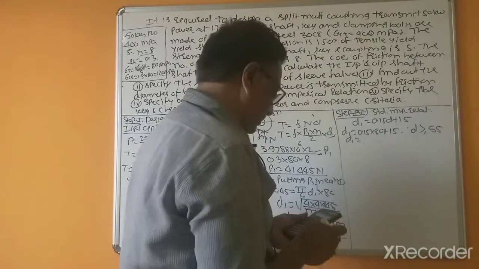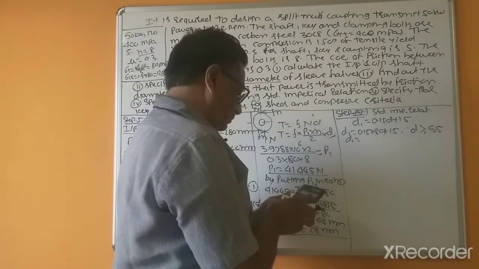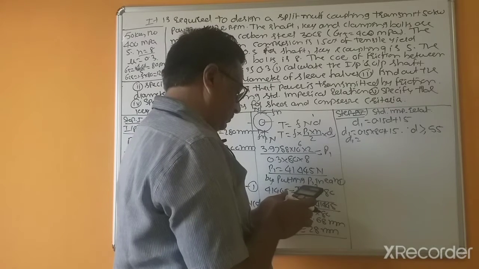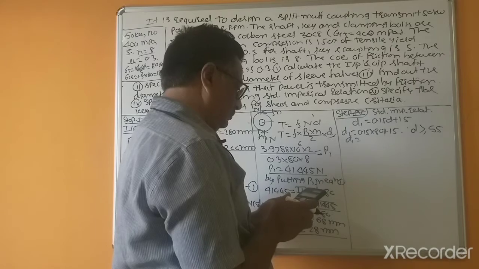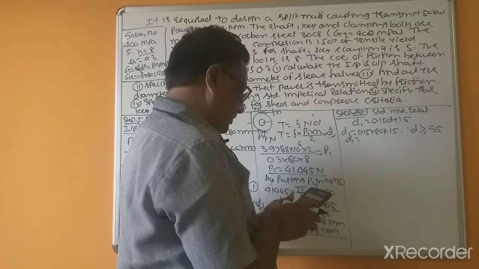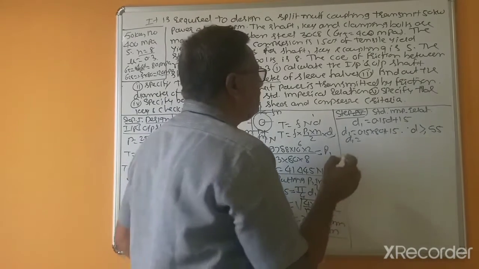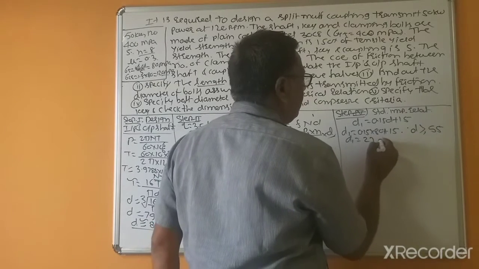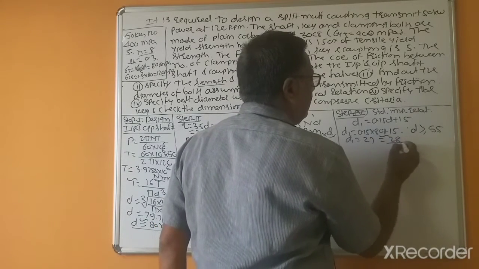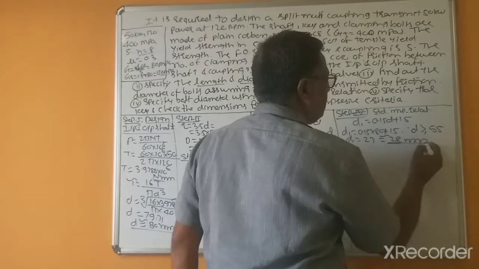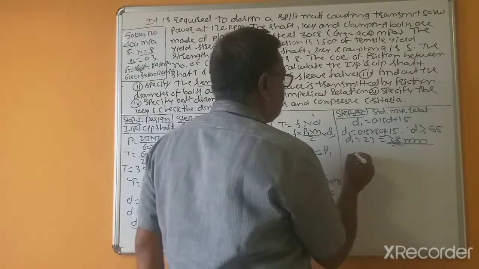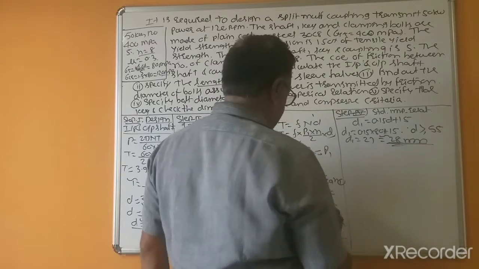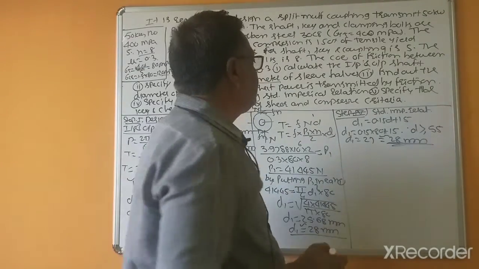So I got 27, so approximately 28 mm. So this is the diameter of the bolt. Now you can say the diameter of the bolt is equal to 28 by using both relations.